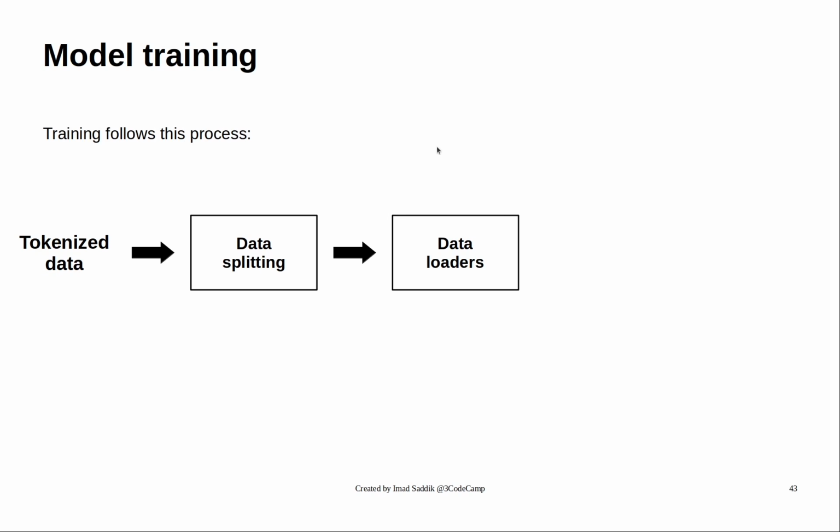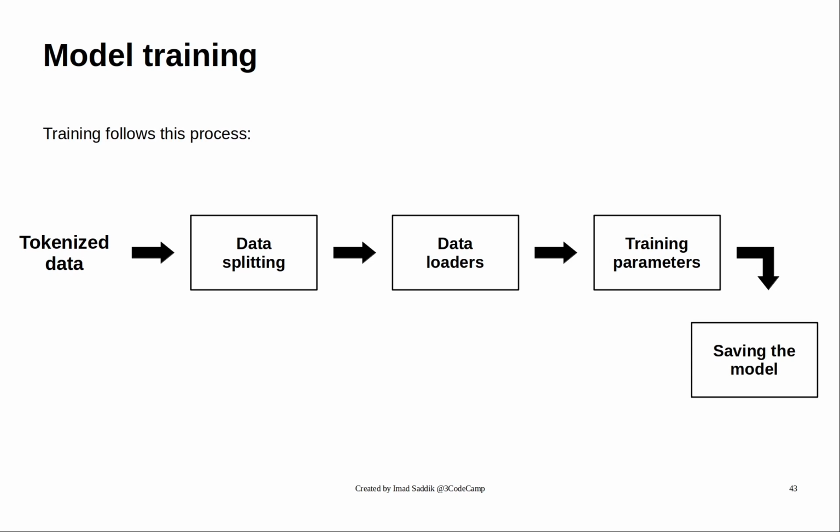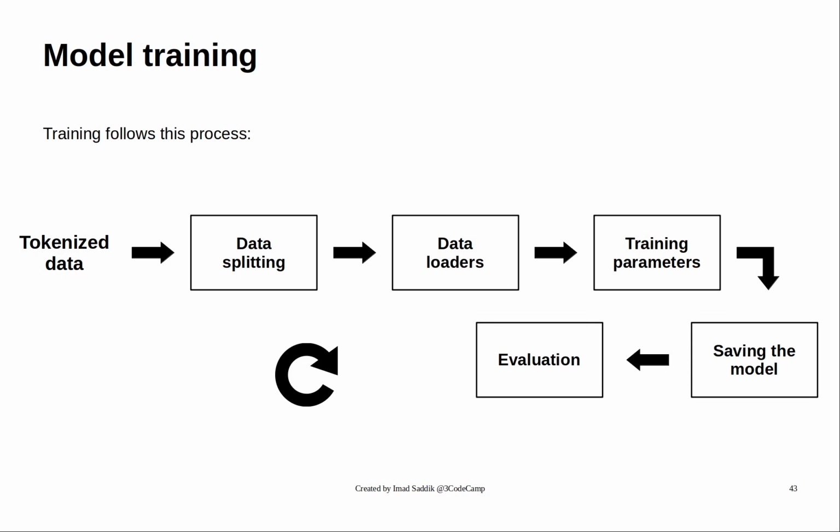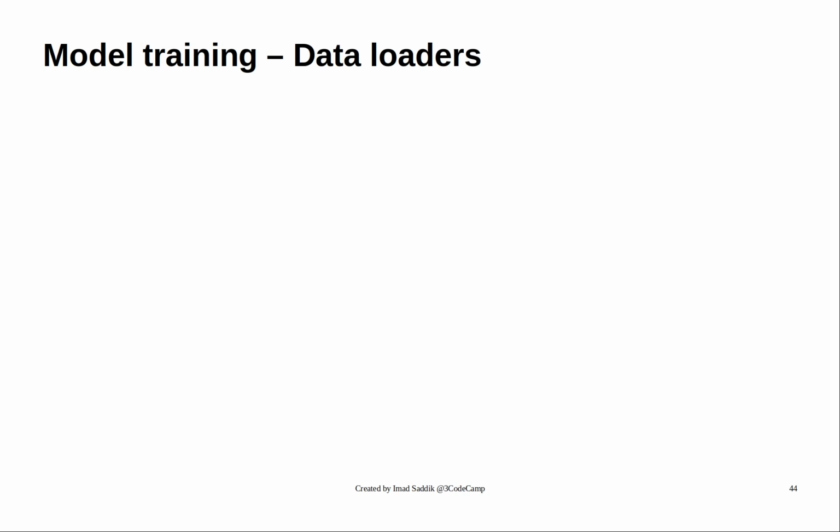Next, we set the training parameters, like the number of iterations, learning rate, and optimizer. We also save the model regularly, for example, every 100 iterations, and also don't forget to save the model at the end of training. Finally, we evaluate the model and repeat the process, because getting it right on the first try is difficult.